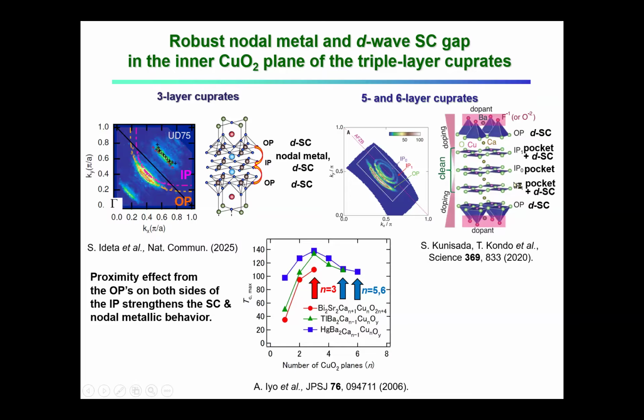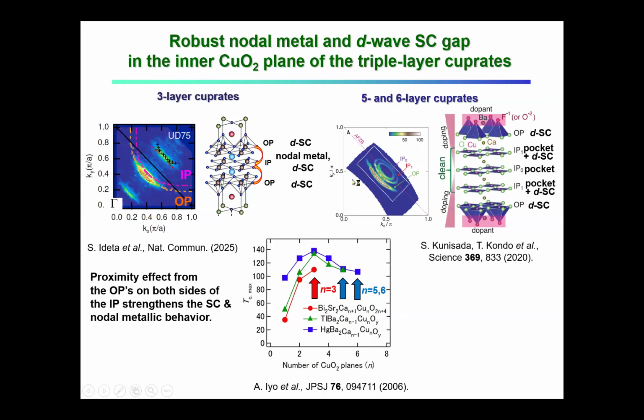The reason, we speculate, is that in the 3-layer cuprates, the pair tunneling or proximity effect on the inner plane comes from both sides of the inner plane. So the proximity effect is very strong in the triple layer. That's why the D-wave-like behavior is strong, even above TC, up to twice TC.